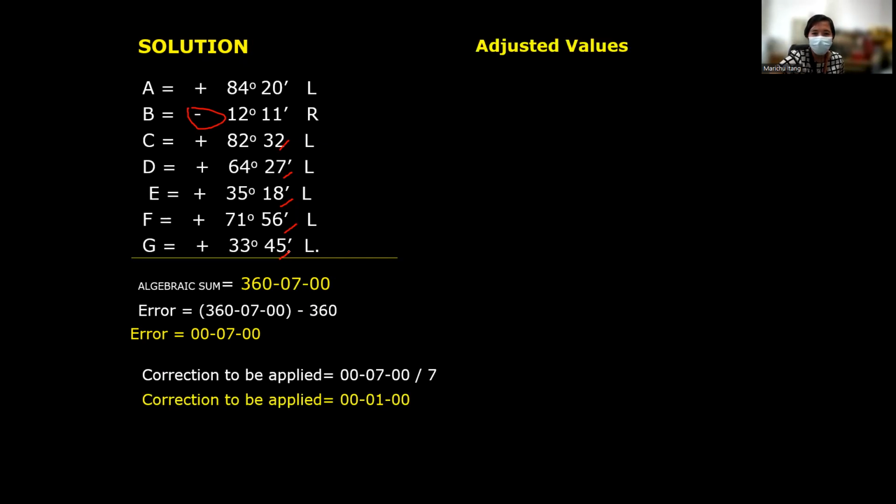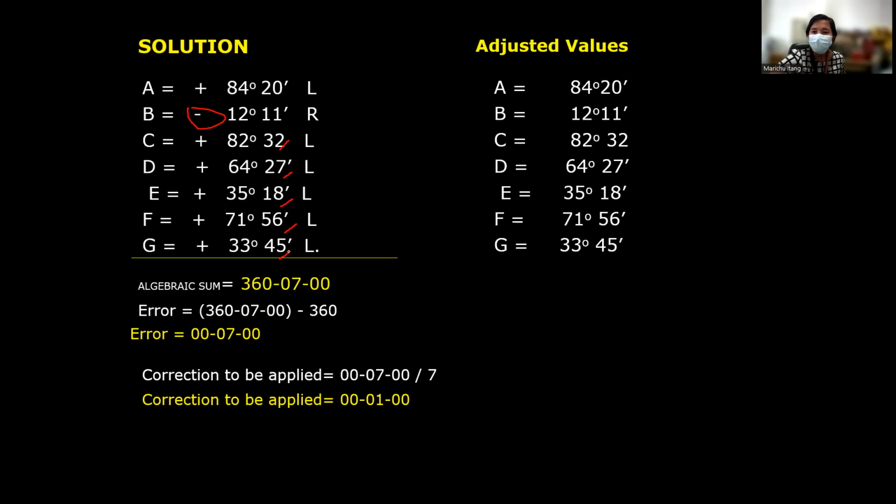So how are we going to adjust that one? For angle A, we have to subtract 1 minute. Since nagsobra siya, diba? Nagsobra siya. Therefore, yung lahat ng positive, yung correction niya is magiging subtract.